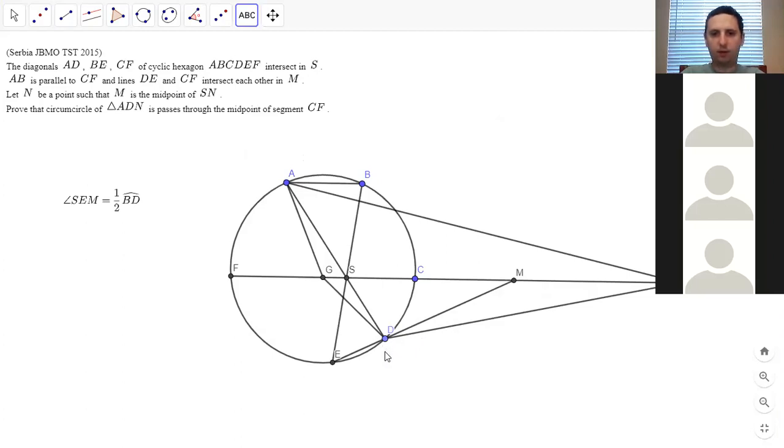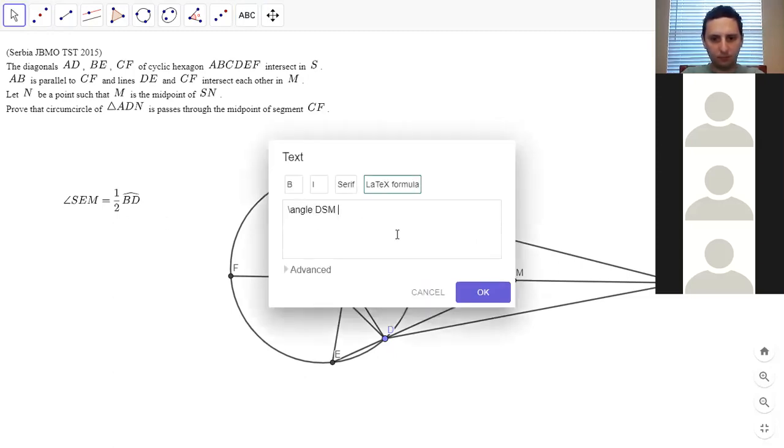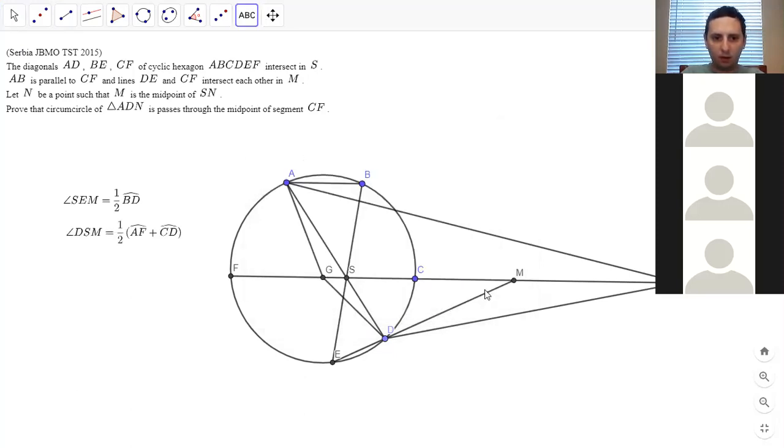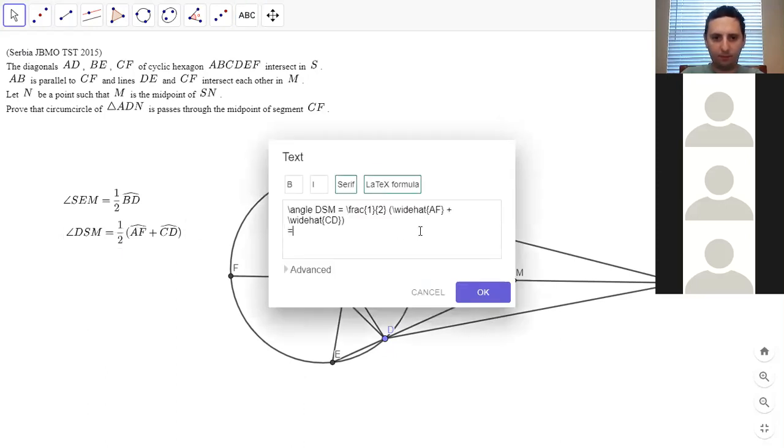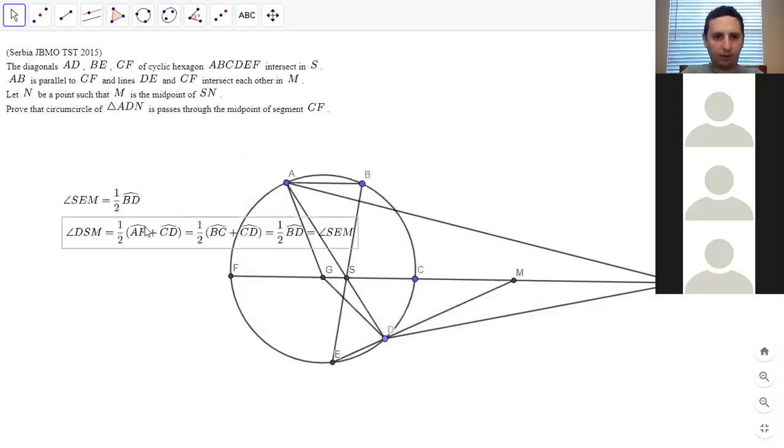And then we have DSM is half of arc AF plus arc CB, which is half of BC plus CD, which is half of arc BB, which is angle SEM. So angle DSM is equal to angle SEM.